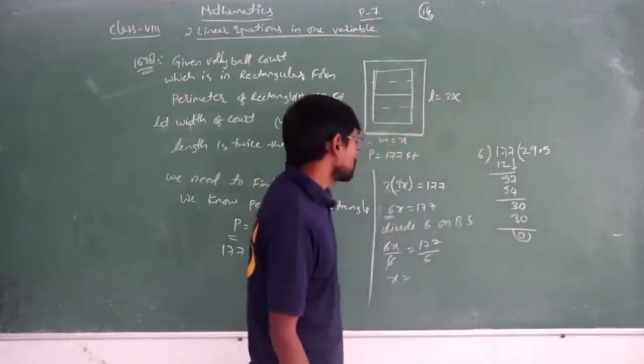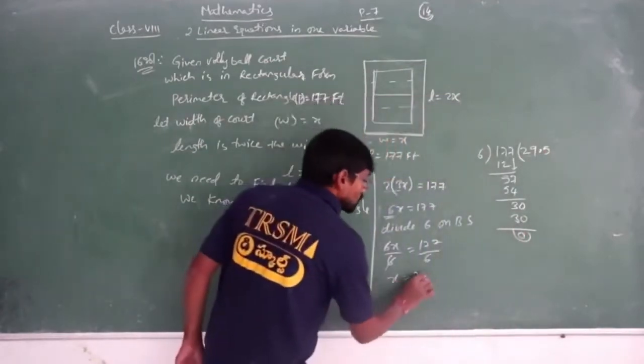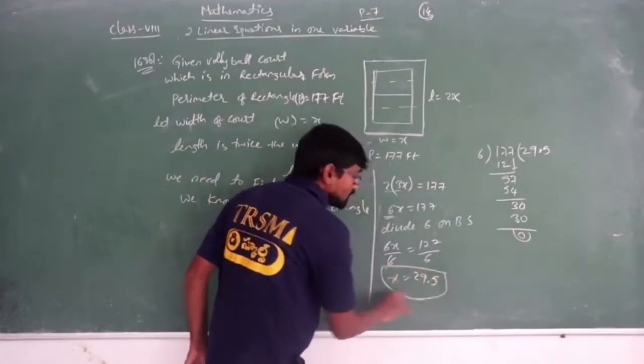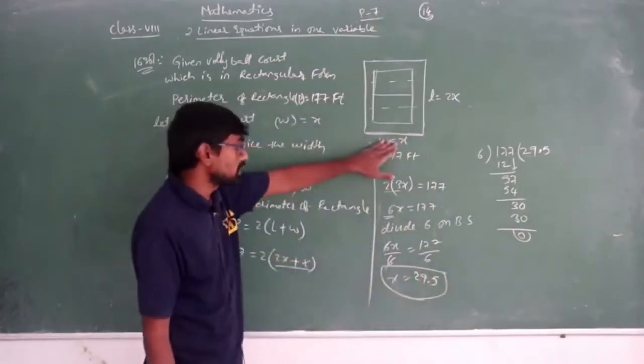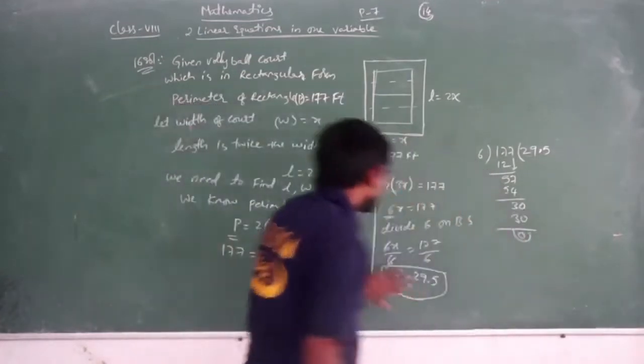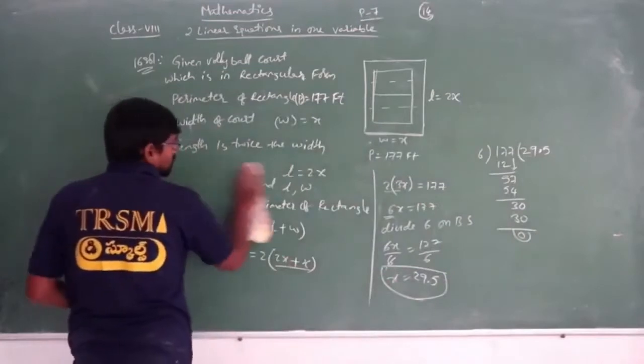So what x value have I got? 29.5. This is the value of x, that is width. Now what about length? Double of it, isn't it?